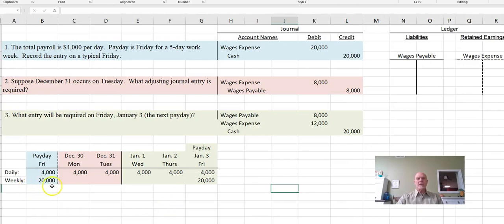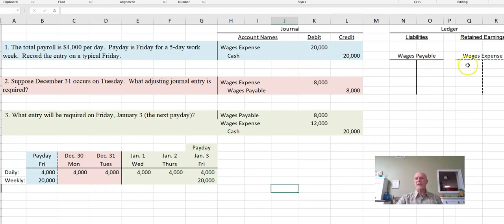Okay, suppose we have a 5-day work week. Payday is every Friday. And on every Friday, our payroll adds up to about $20,000. So that's about $4,000 a day for a 5-day work week. So on a typical Friday, we would debit wages expense and credit cash for $20,000.